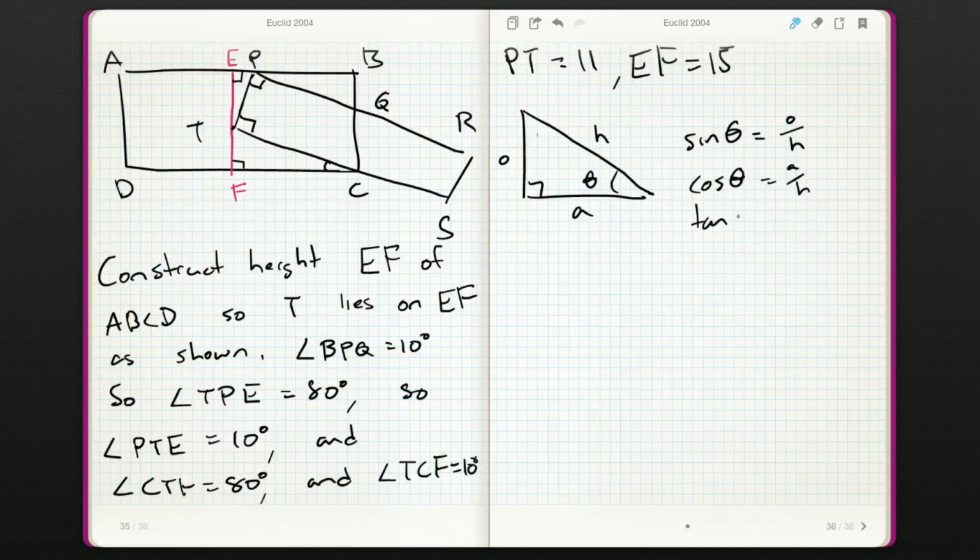And tangent of theta is opposite over adjacent. So this is SOHCAHTOA. What do you do when your foot's on fire? You SOHCAHTOA.